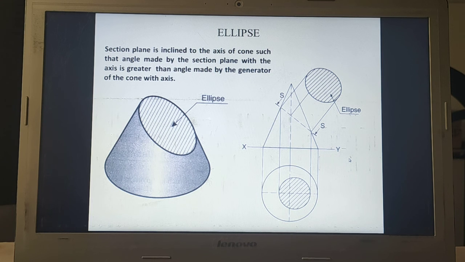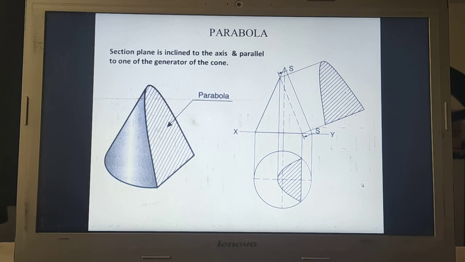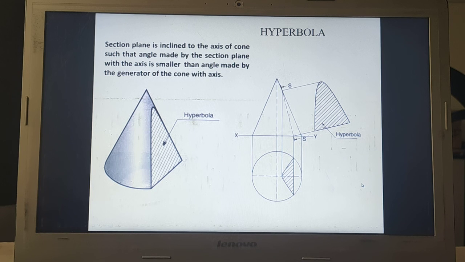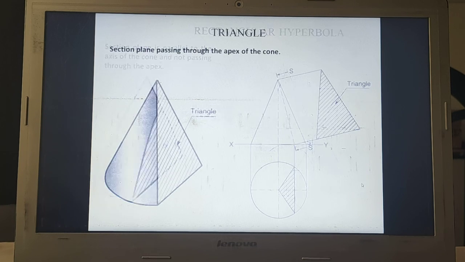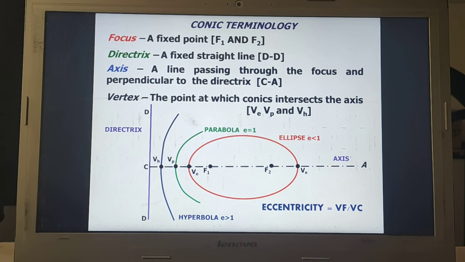See, ellipse, parabola, and hyperbola, rectangular hyperbola. Here we can see the ellipse. For the ellipse, eccentricity is less than 1, isn't it? Then for the parabola, eccentricity is equal to 1. And for the hyperbola, eccentricity is greater than 1.